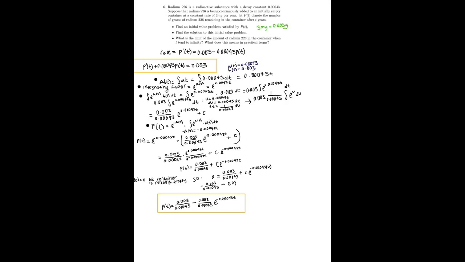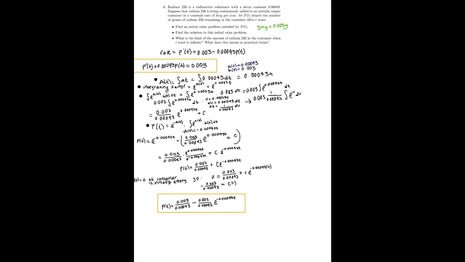So the general form of the equation is P of t is equal to 0.003 over 0.00043 plus c e to the negative 0.00043t. Since we know that the container is initially empty, that means P of 0 is 0. So we can set up that equation to find c.